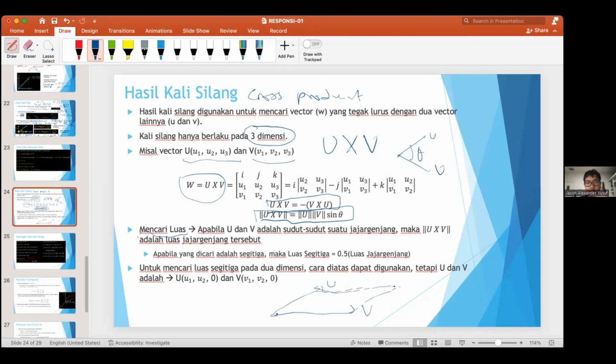If I draw two lines like this, in order to find the area, it is the length of u cross v.